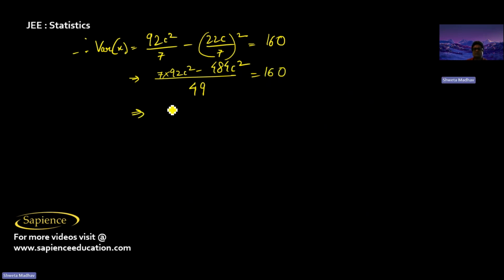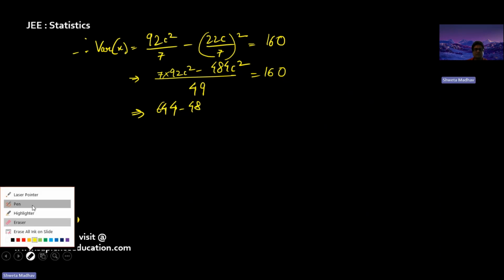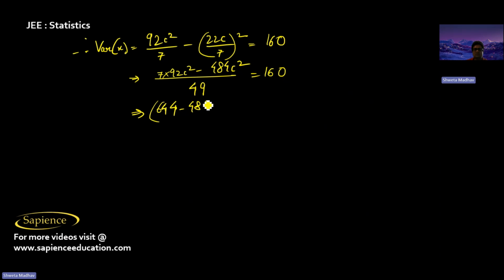Then 7 times 92 is 644, so 644 minus 484, taking C square common, equals 160 into 49.